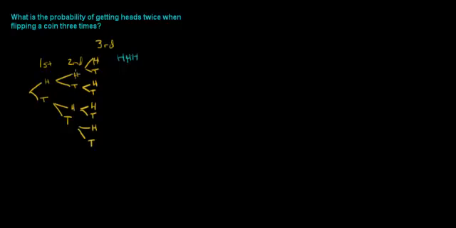I have heads, heads, and then we go tails. Now, when I go up here, I go heads. Now I want to hit tails and go down and hit heads. So now it's heads, tails, heads. Same thing, heads, tails, then tails.